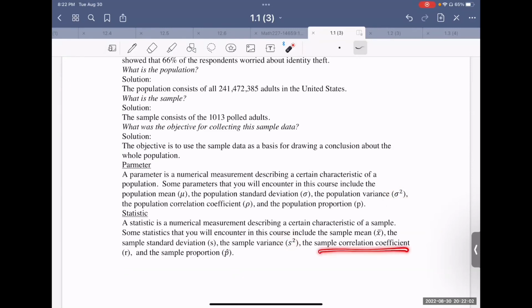The sample correlation coefficient is r. The population correlation coefficient is rho, the Greek letter for r. And then we have symbols, like a bar or a caret, that indicate a particular parameter or statistic.